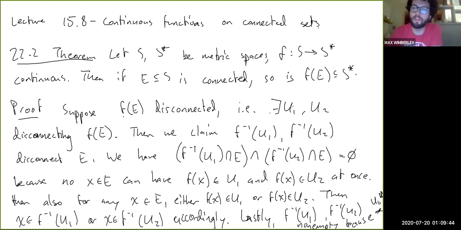So if there's a point in U1, that's only possible because it comes from a point in E, and that point in E has to be in F inverse of U1. And similarly, if there's a point in U2, that has to be the value of F at some point in E, but then that point in E would have to be in F inverse of U2, right? So they're both non-empty. So all the hypotheses are satisfied. So there you go. If F of E is disconnected, you can take the inverse images of those sets and disconnect E itself, okay? So the image of any connected set is connected.